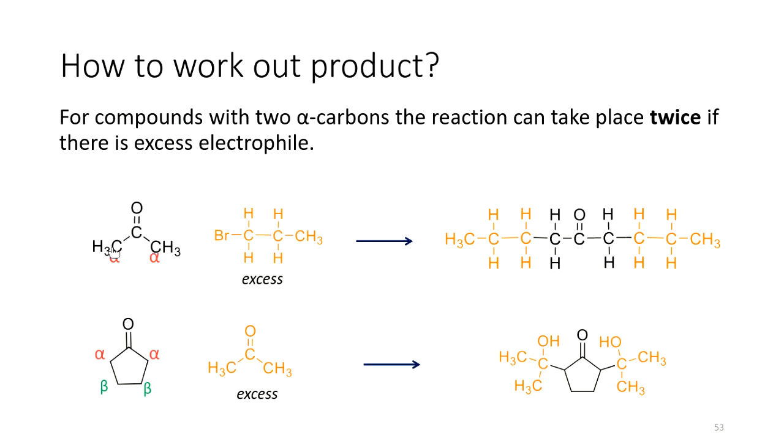So you would read the question carefully, and you will see excess in the question if we want you to have it reacting more than once. We'll be specific in that way.